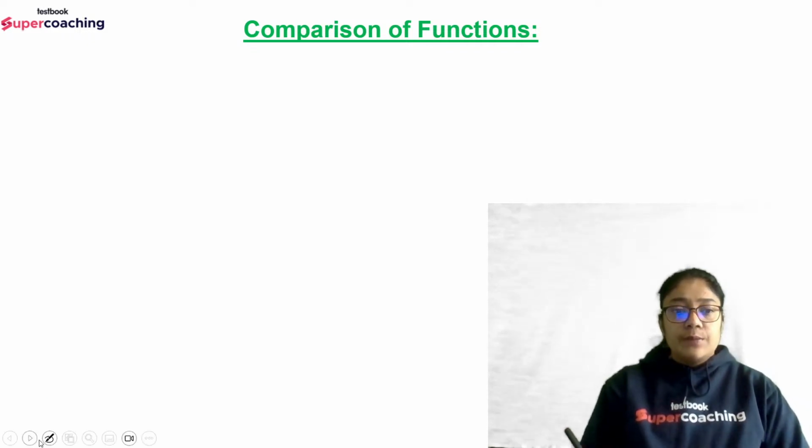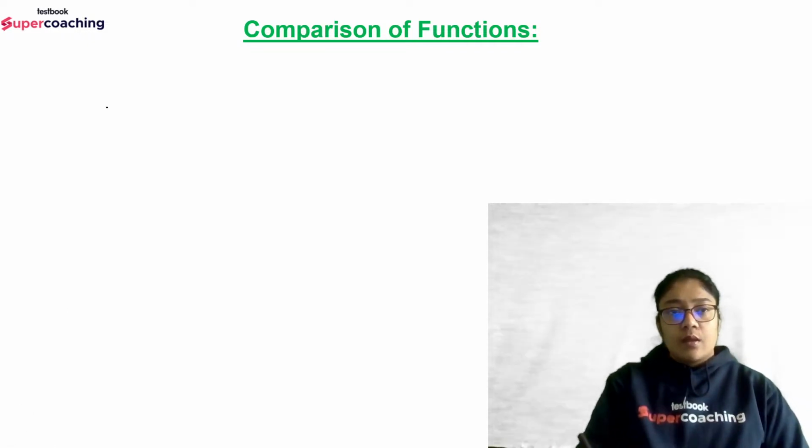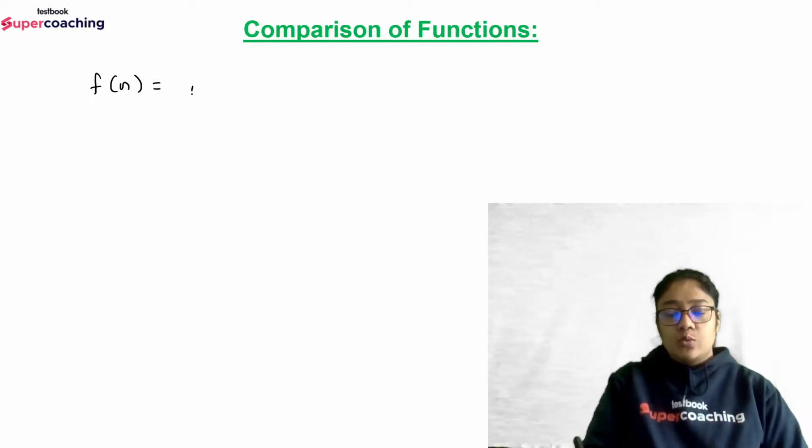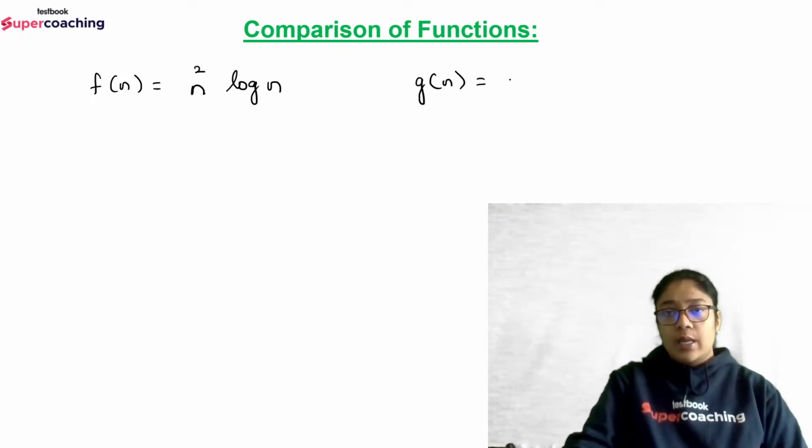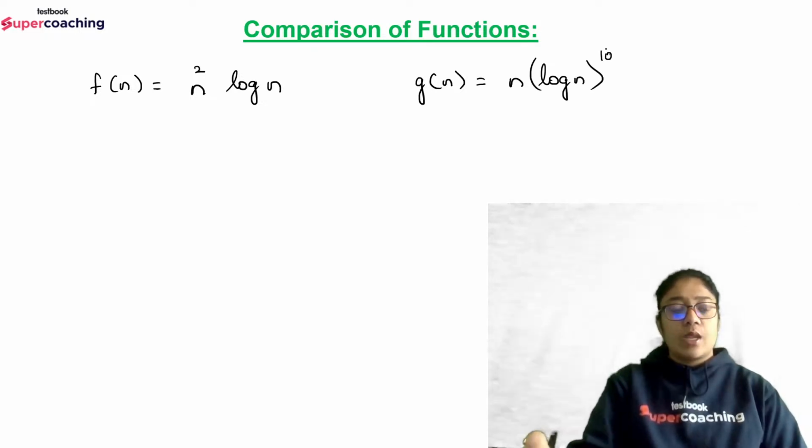One more question. F of n is equal to n square log n. G of n is equal to n log n with the power 10. Which function is greater?